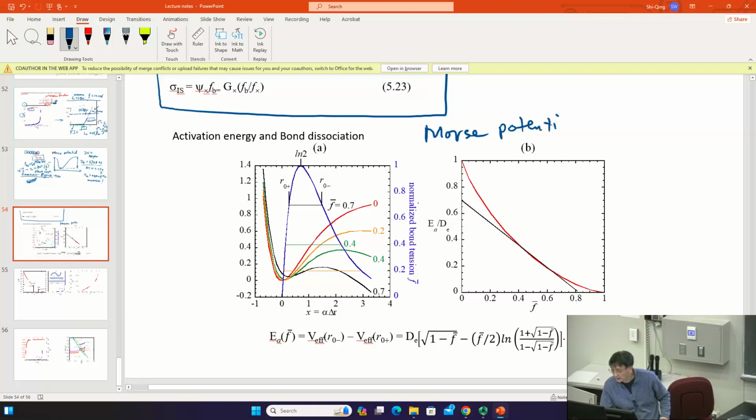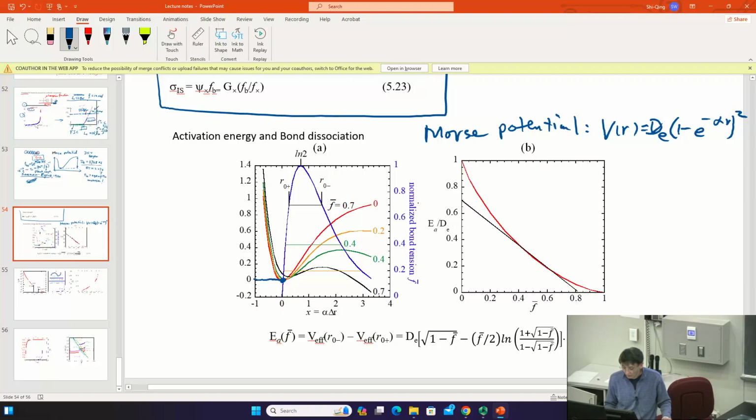And the Morse potential basically says your bond is trapped in a potential, meaning your bond at equilibrium is sitting here, such that you can call that to have energy of 0.